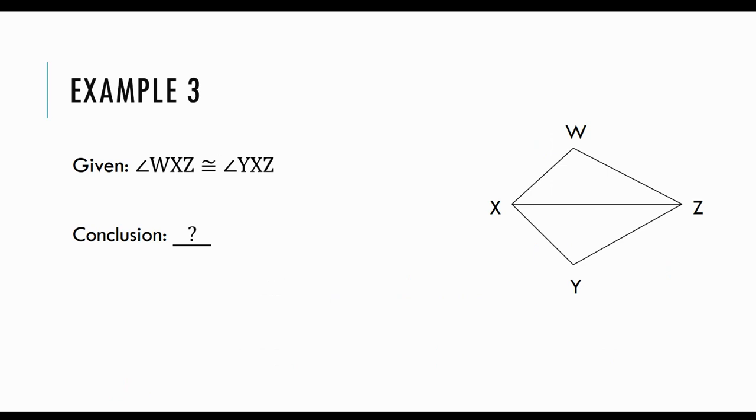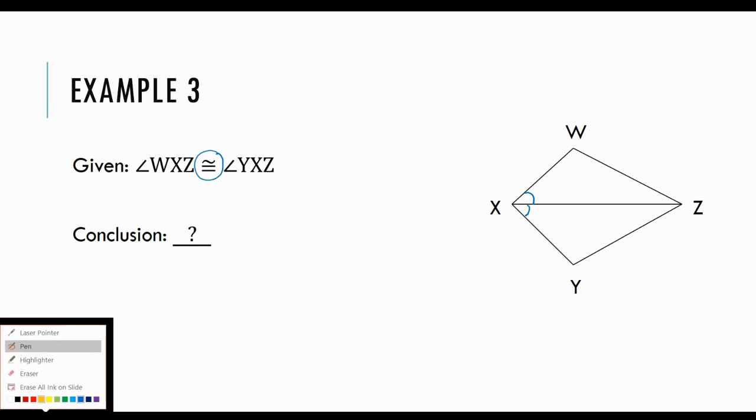All right, if we look at this next one, we are given that the angle WXZ, so I'm going to mark that in my picture, WXZ is right there, is congruent to the angle YXZ. That's this angle right here. I marked them the same because we are told that we have congruent angles.